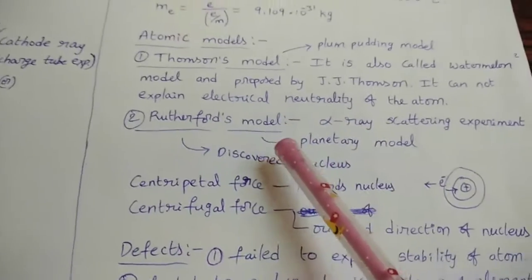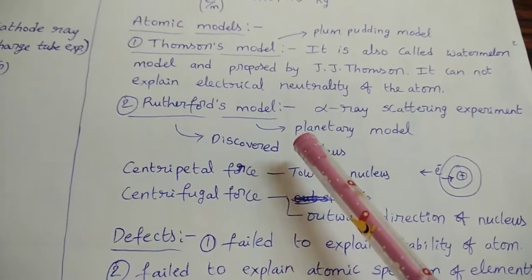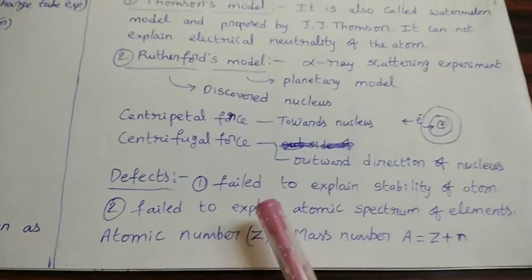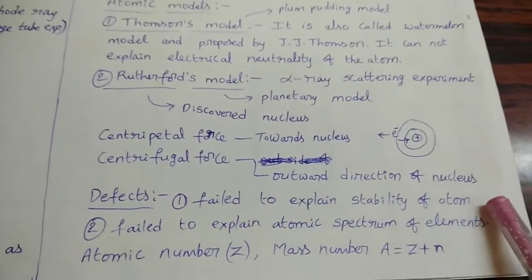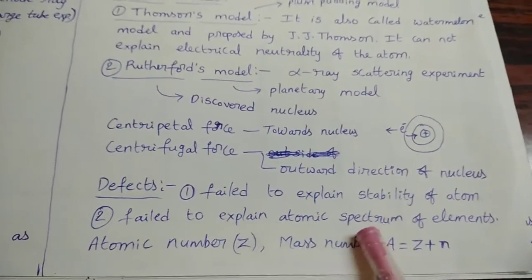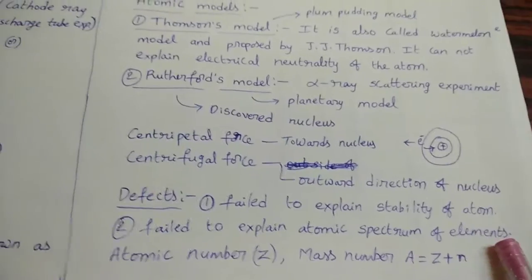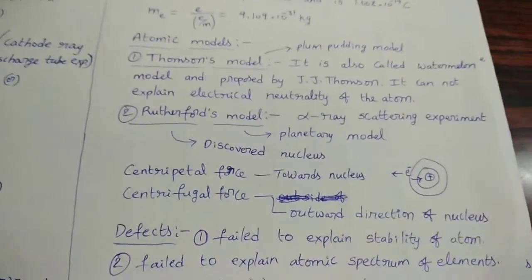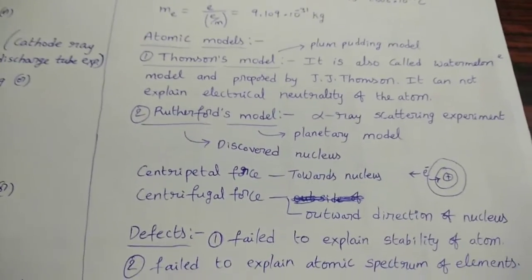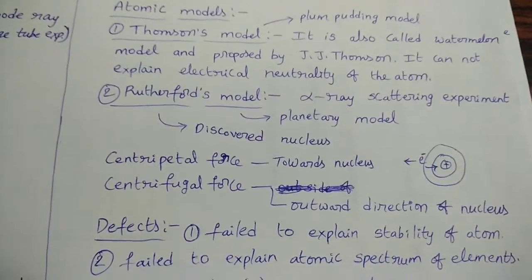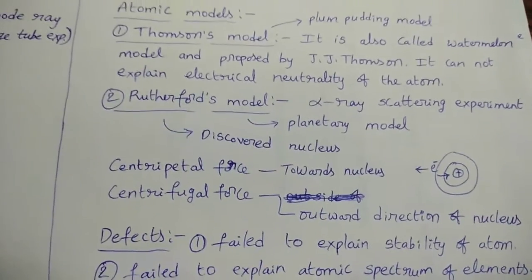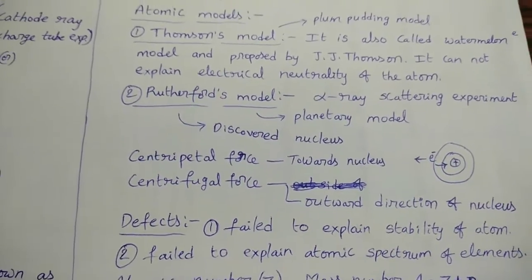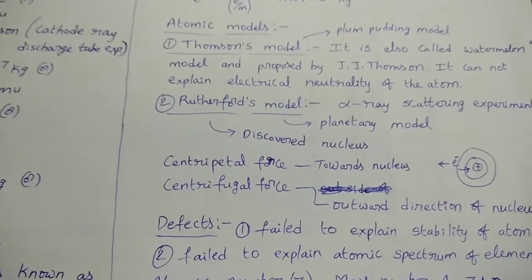But this atomic model also has some defects. It failed to explain the stability of the atom and failed to explain the atomic spectrum of the elements. How is the atom stable? For that, this model did not give any suitable explanation, and it also could not explain the atomic spectrum of the elements. So these are the drawbacks.